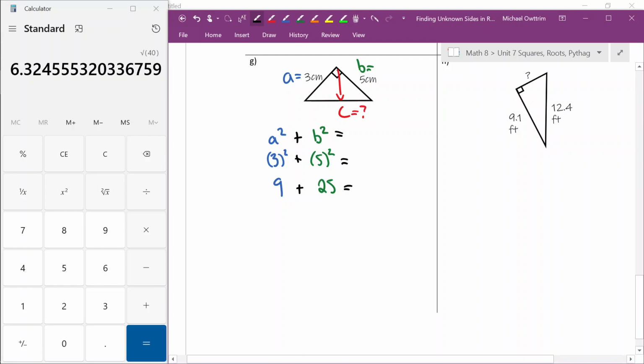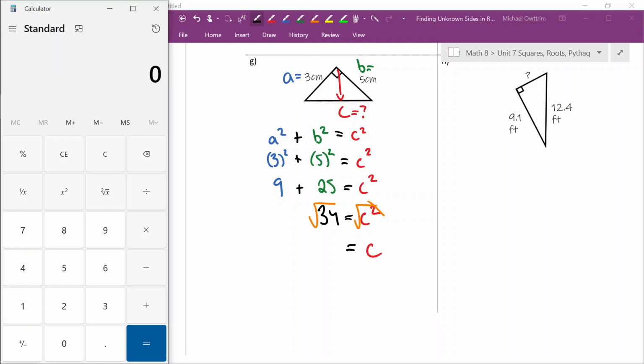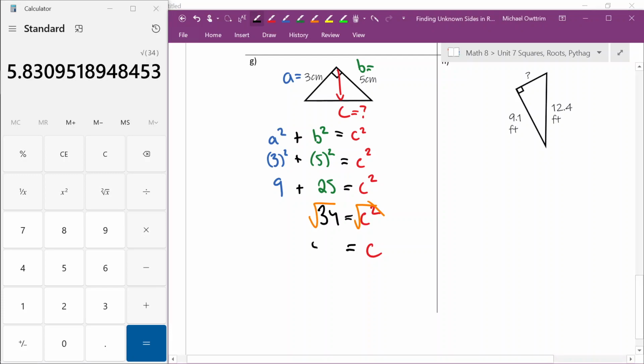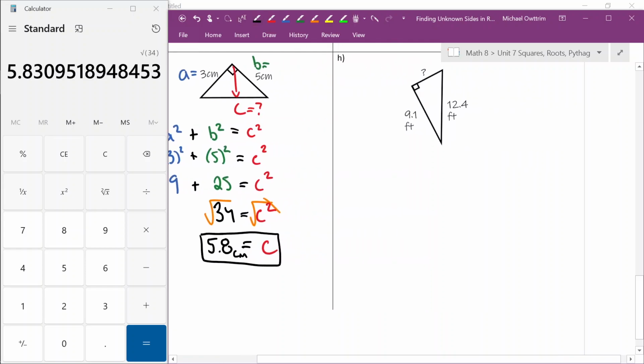And my C squared, I don't know in this question, so it'll just be C squared. 9 plus 25 is 34, which will be equal to c squared. Applying a square root to both sides will give us that just c on the right side is equal to the square root of 34. And we'll calculate that. Our square root of 34 is about 5.8. Include our units of centimeters for our missing c there.